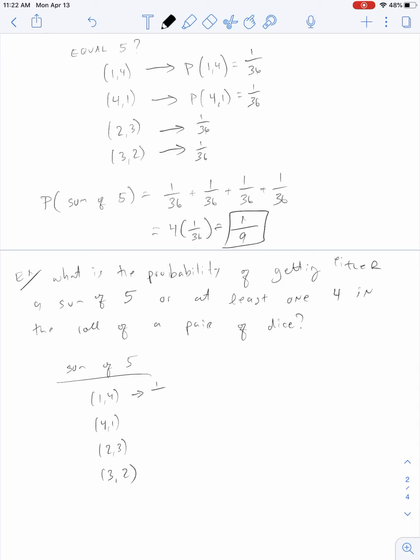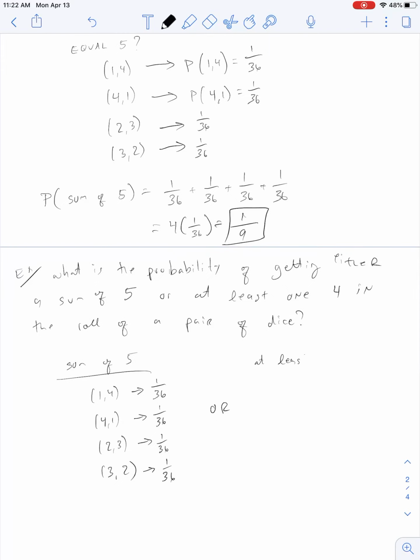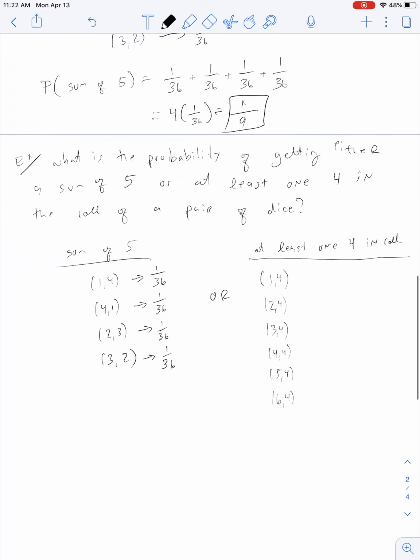All right, these are the possibilities, and we know that the probability of each one is that. But now the next part is interesting. It says, or at least one 4 in the roll, which means it can be 1 4, 2 4, 3 4, 4 4, 5 4, 6 4.